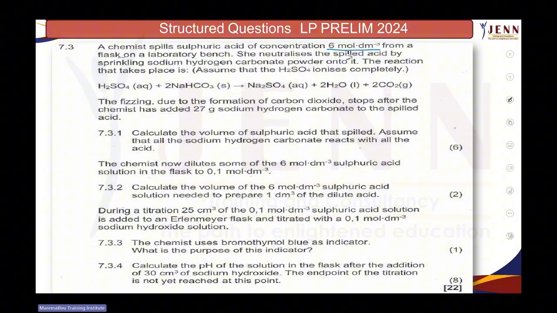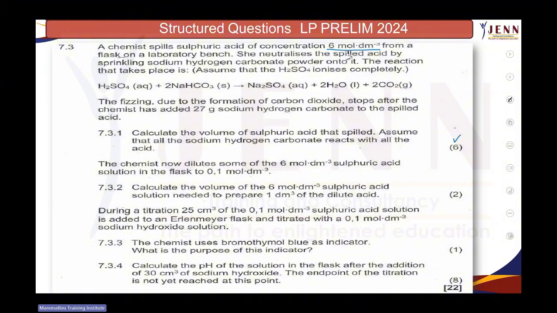Like I said, out of this 6 marks, we need to know how to calculate number of moles. For sulfuric acid, we don't have much. We only have its concentration. We don't know its number of moles. We don't know the volume.